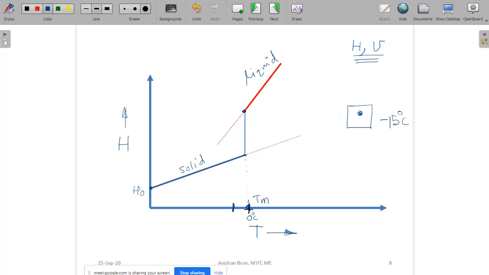And here if you compare at this temperature, which energy is less? Definitely the energy corresponding to solid is less. That means the lower energy indicates the more stable state. So for this part it is satisfied.